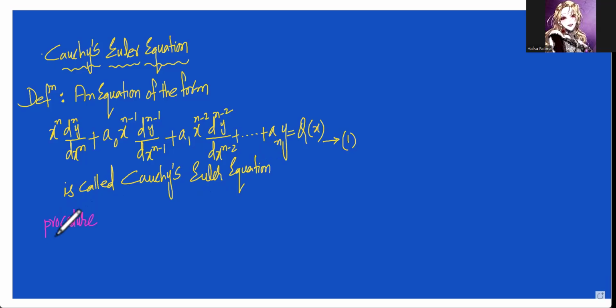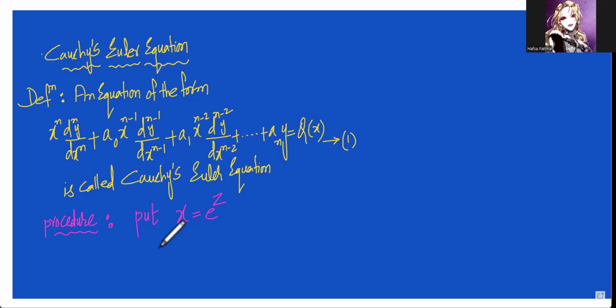The procedure is: in this type of equation, we have to assume x is equal to e to the power of z. Wherever there is x, assume e power z.